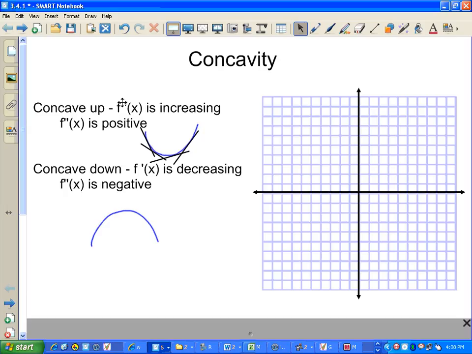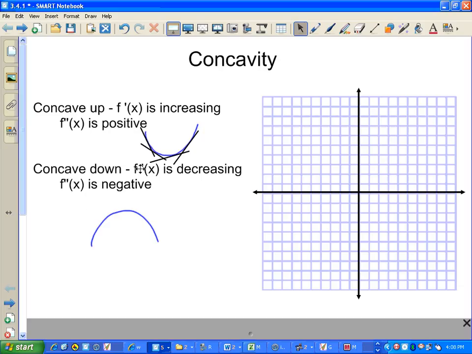Since our first derivative is becoming more positive, it's a positive change. So our second derivative, which describes the change in our first derivative, is positive.